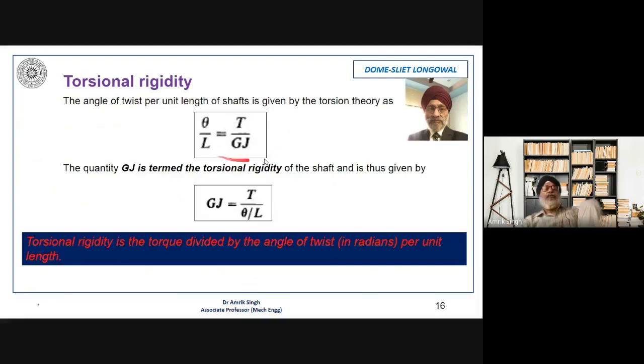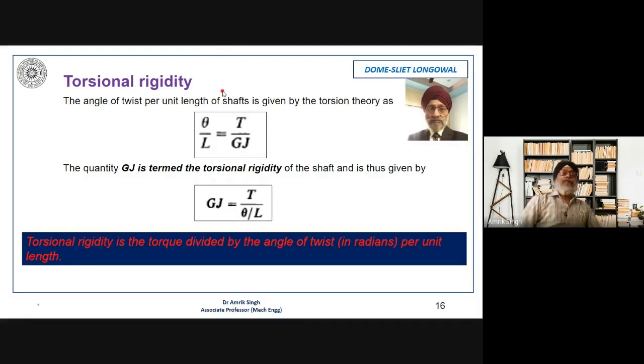Like the flexural rigidity is E into I. Because of flexure, we take the modulus as E, and because of the inertia, we take the moment of inertia I. So the product of E into I is the flexural rigidity, whereas the product of G into J is known as the torsional rigidity.